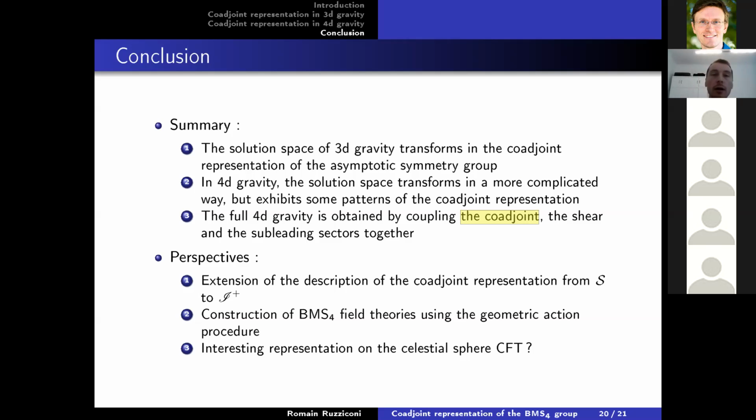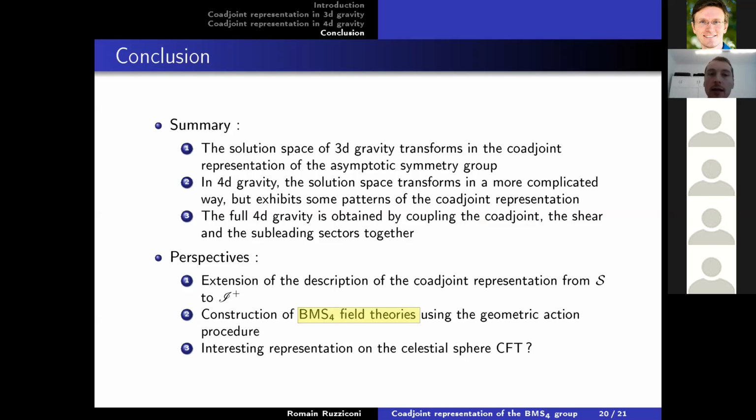First, it will be interesting to extend these results that we have obtained here on a section of Scri plus to the whole space-time boundary, Scri plus. And actually, we already have some results going in this direction. Another direction that will be nice to investigate is to construct some field theories that exhibit the BMS4 symmetries as global symmetries.